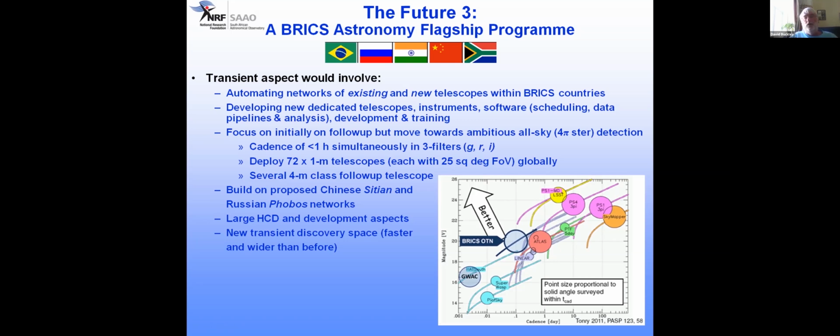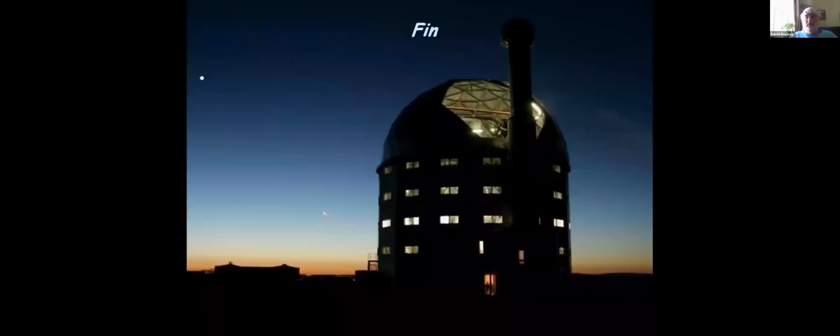Although the price tag is a hefty 300 million euros to build this network of new telescopes, it's still something tractable, particularly if the Chinese decide to adopt it as a new astronomy infrastructure project going forward. And with that, that brings me to the end of my talk.